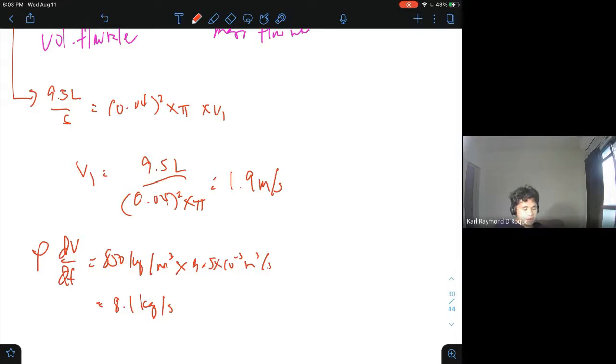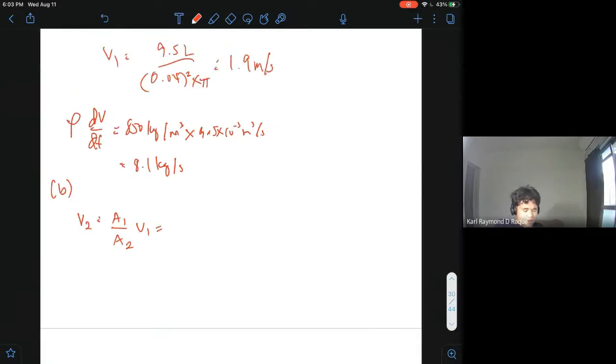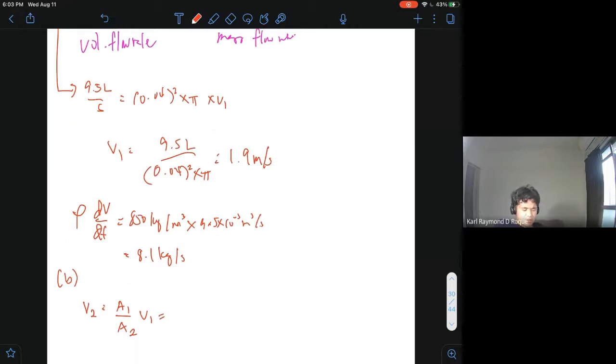From the continuity equation, V2 equals A1 over A2 times V1. Letter B pala to, no? Kasi meron na tayong A1, V1, A2, wala na tayo V2, no?